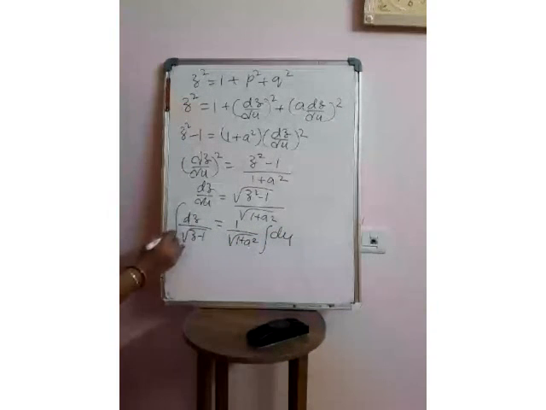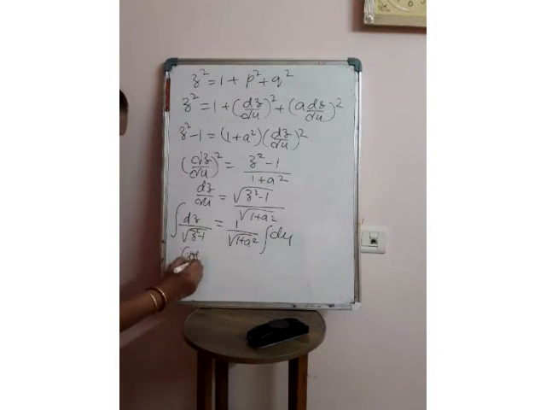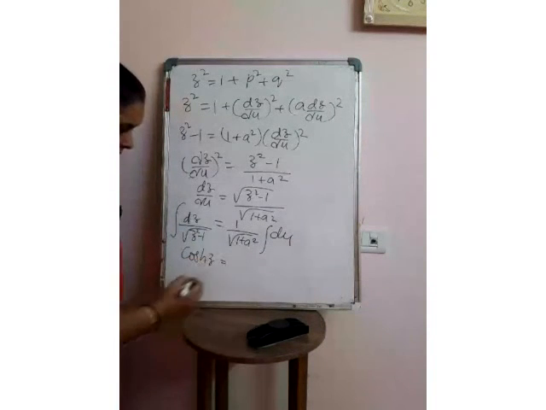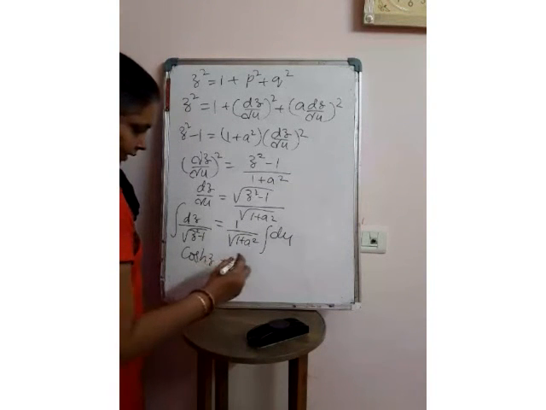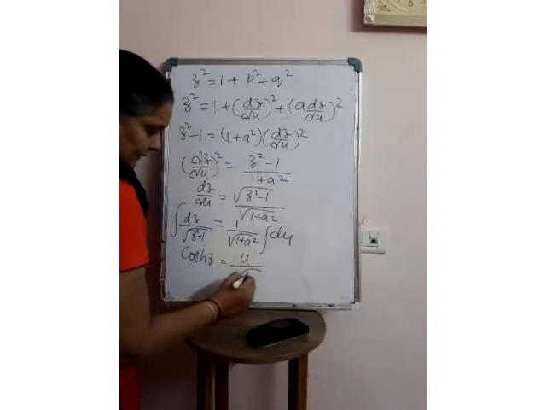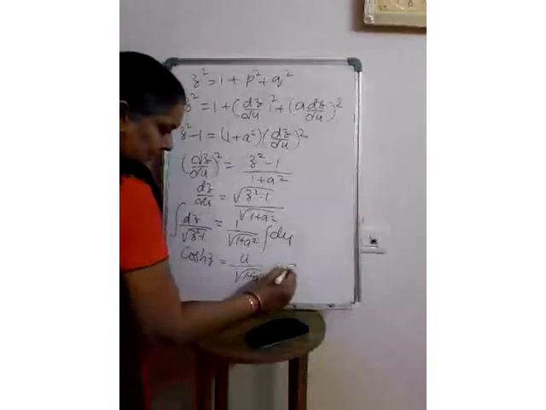Integrate on both sides. The integral of 1 by root over (z square minus 1) dz is cosh inverse z, is equal to u by root over (1 plus a square) plus constant c.